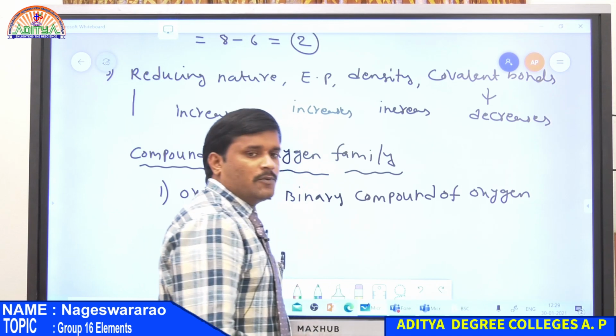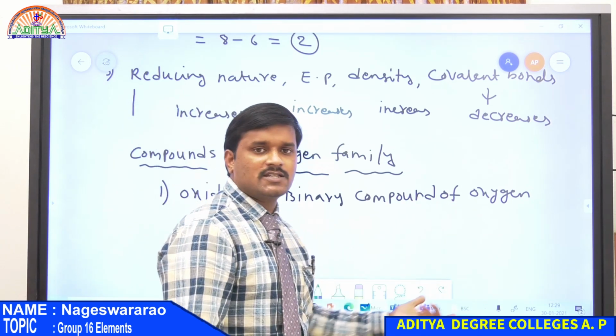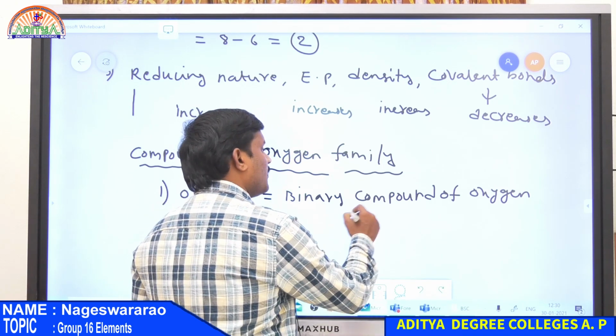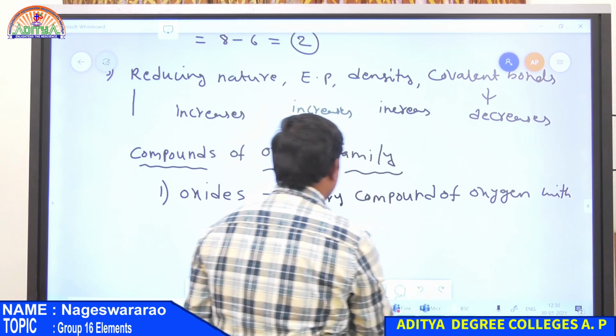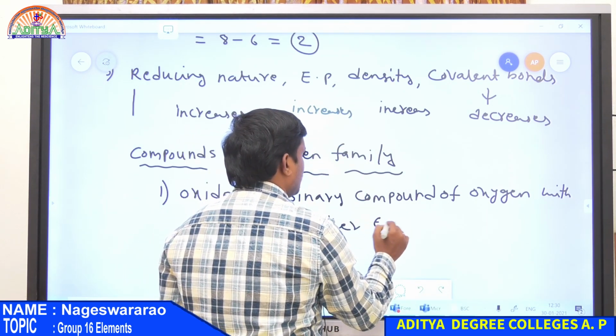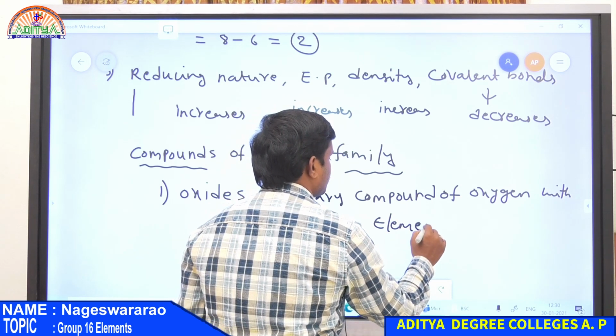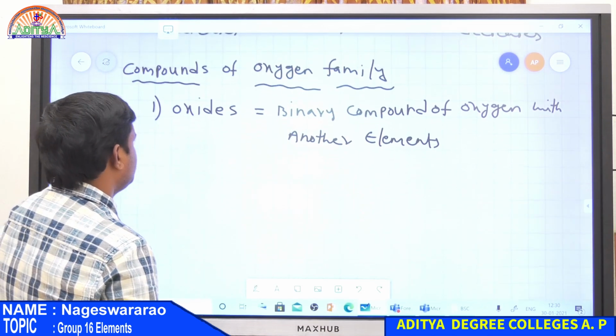Binary compound means there are two elements: one is oxygen and the next one is any other element. A binary compound of oxygen with another element is nothing but an oxide. For example, ZnO, zinc oxide.